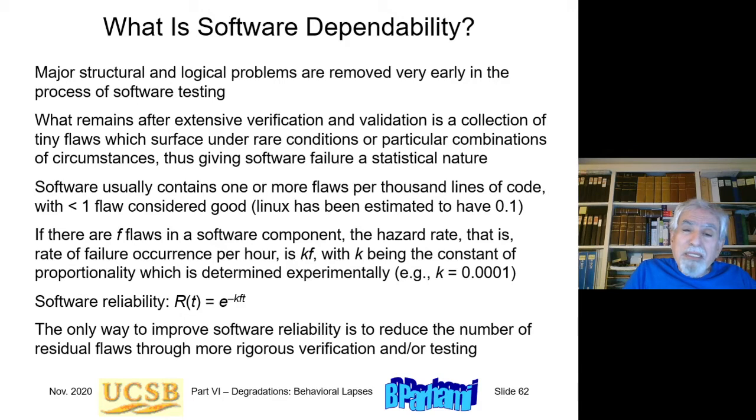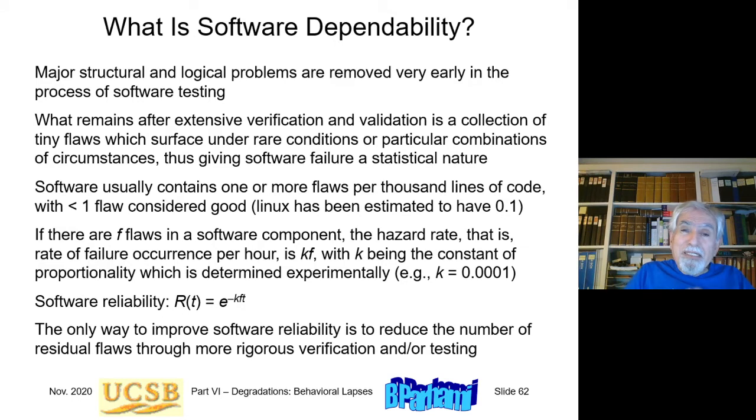The hardware behaves probabilistically. Sometimes it works for a long time. Sometimes it fails in a short time. Its behavior is probabilistic, not deterministic, in terms of failures. Okay, do we have the same thing for software?